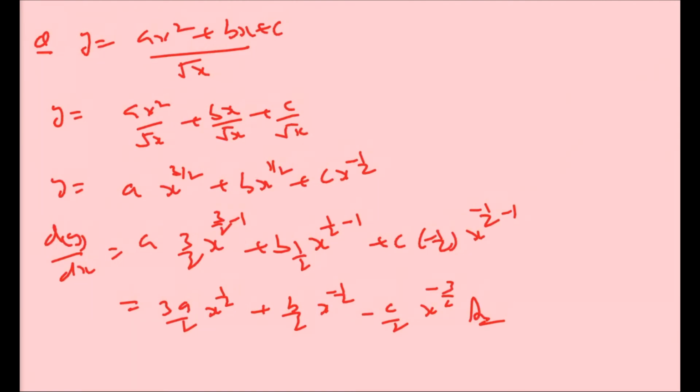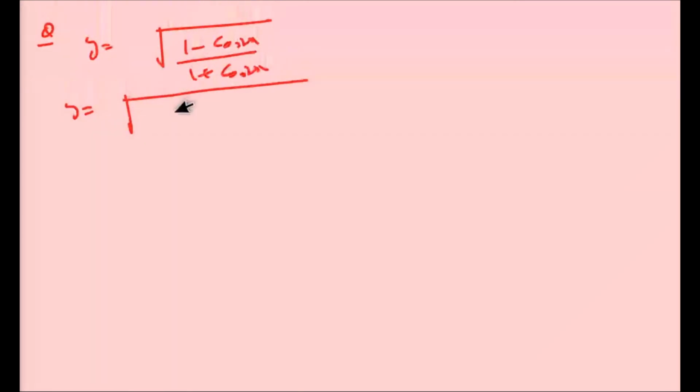In trigonometry also you have to do it this way. So I am going to the next example, taking the trigonometry part. The question is y equals under root of 1 minus cos 2x upon 1 plus cos 2x. Using the simplification formulas, you know this is 2 sine square x upon 2 cos square x.